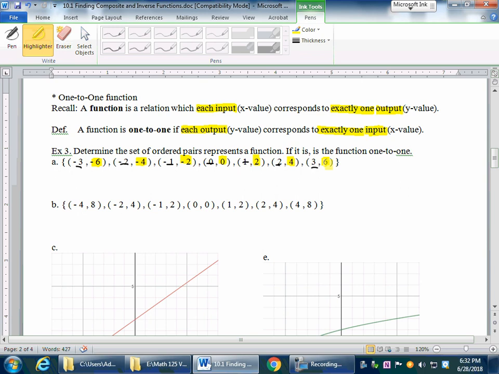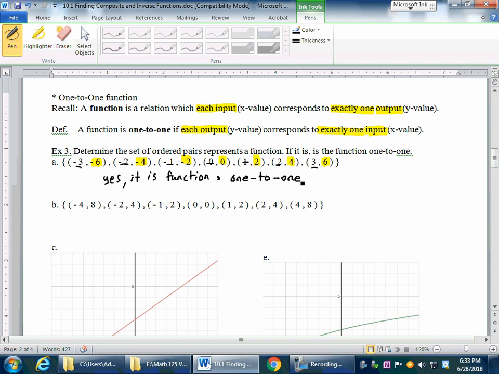So therefore, this is a one-to-one function. So now I can say that it is a function, yes, and we can even go further. This is a one-to-one function, so we can indicate that this is one-to-one.